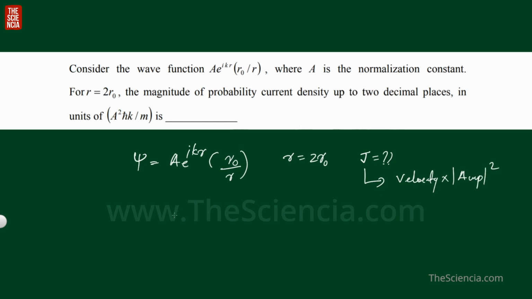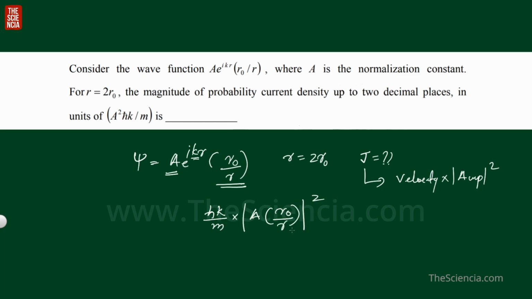That is how we can find out the velocity from this term. Here it is k only, that is ħk by m is the velocity into amplitude. What is the amplitude? The amplitude part is a into r0 by r, all modulus square.